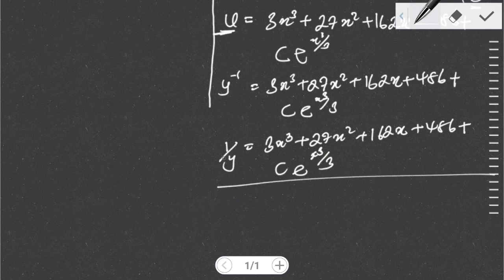And then this would be your final answer for this problem. So this is how we work it out, and this is how it comes out.